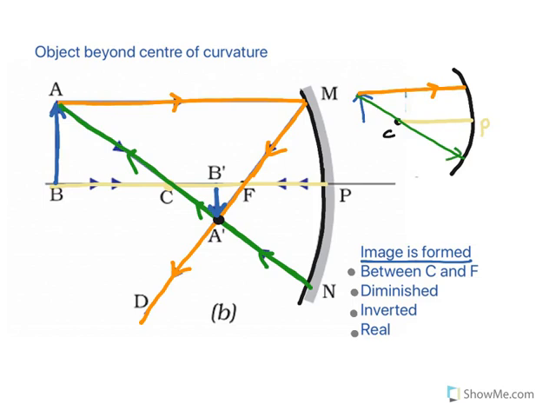The one that goes parallel will pass through the focus. Your focus will be somewhere midway. Here will be your focus, half of your radius of curvature, and this will retrace its path. And they will meet somewhere here. This is where your image is formed. So here is your image.